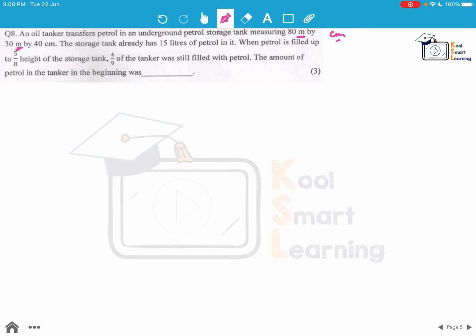First of all, the storage tank dimension, as we said, is 80 centimeter by 30 centimeter by 40 centimeter.